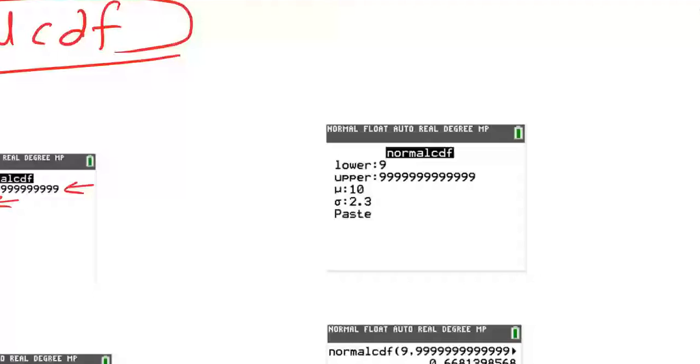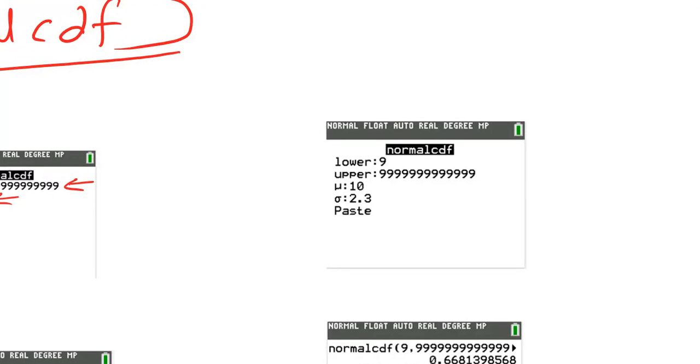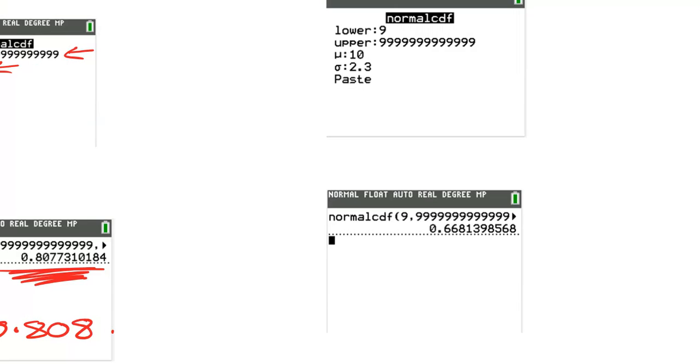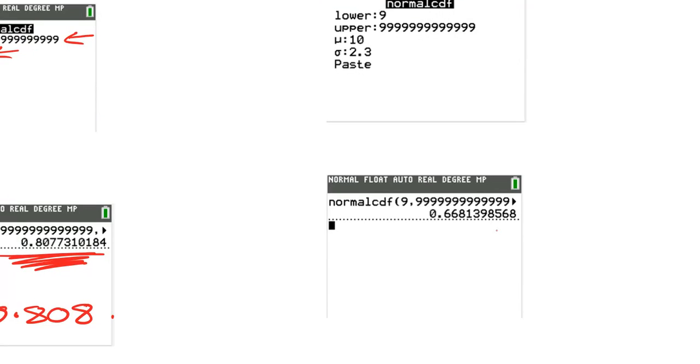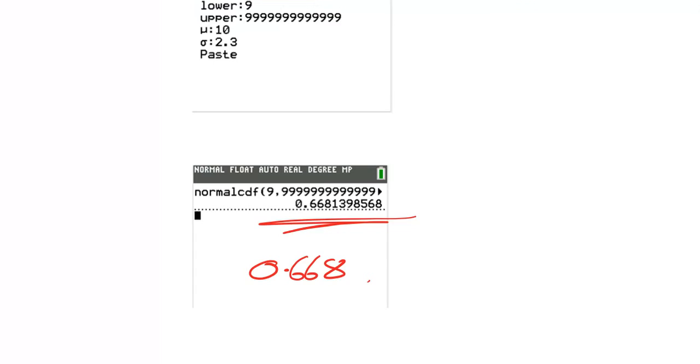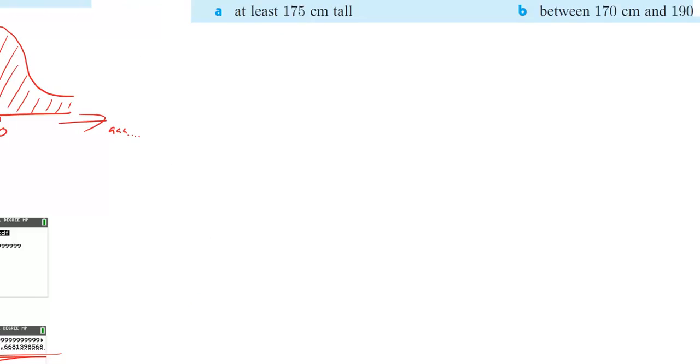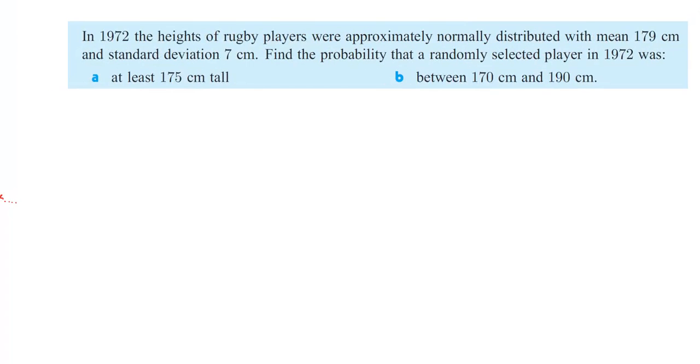So exactly the same, normal CDF, lower boundary 9, upper boundary 9999999. We've got mean of 10, standard deviation 2.3, press the buttons, and we are left with this answer. Check that you can get the same answers as me. This one is 0.668.